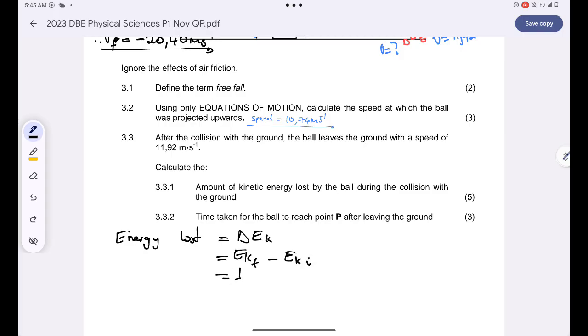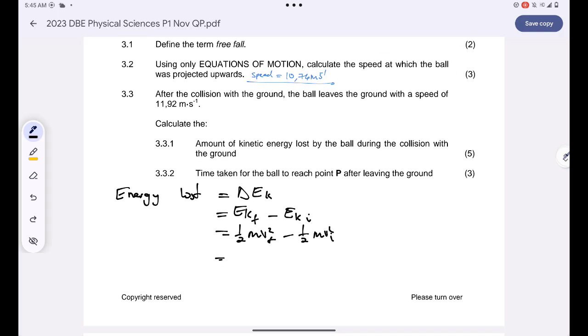So this is half m v squared final minus half m v squared initial. I can simply take 1 over 2 multiplied by m, then I'll have v squared final minus v squared initial. I'll just substitute.